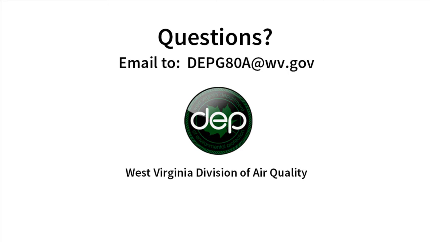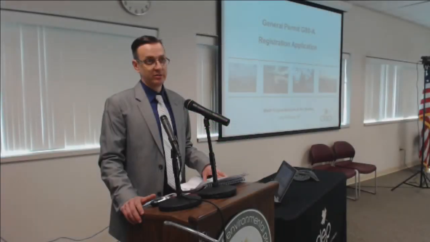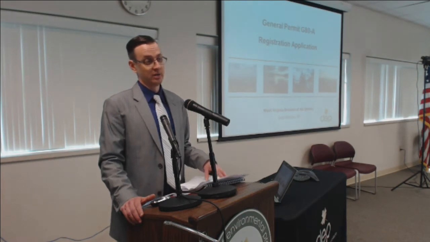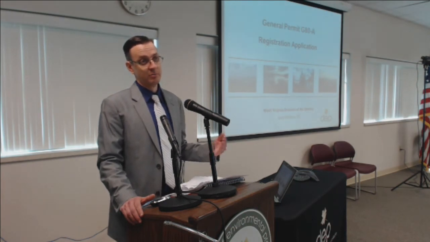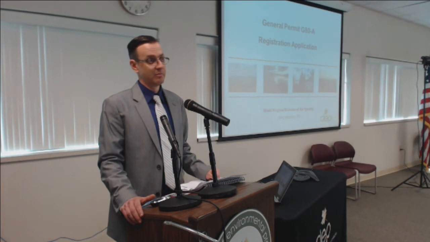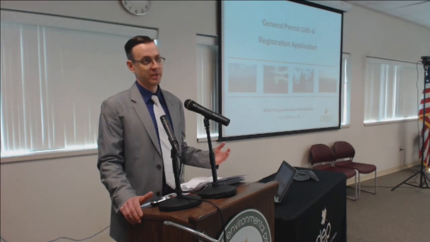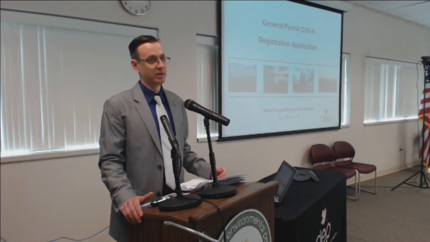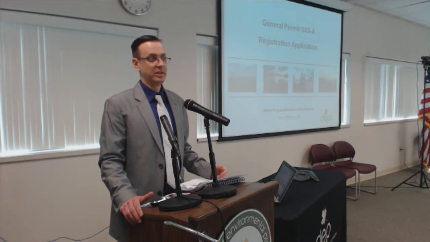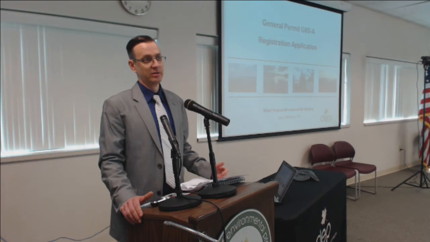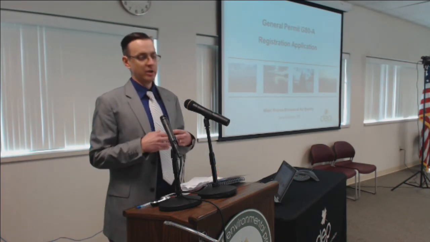And from there, we may be able to gauge from that the interest of comments or none and have a better predictor at that time. But there is no way for us to say that April 1st or April 15th or May 1st that this thing will be issued, because until we see what comments we will receive and how we are going to address those, there's no way to make that prediction.